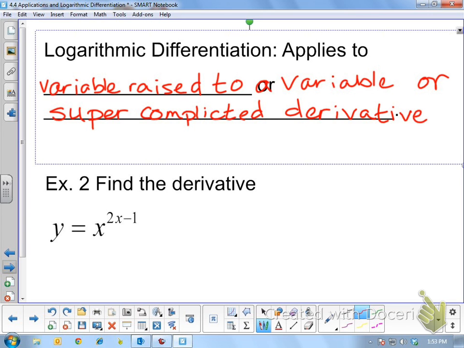Or in other words, a complex derivative, taking the complex derivatives we did and making them cry like babies.